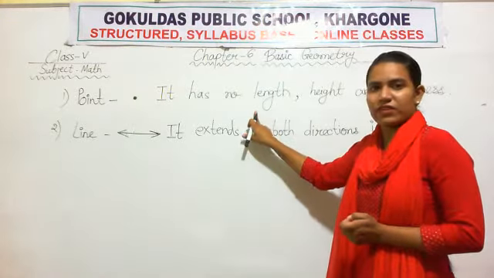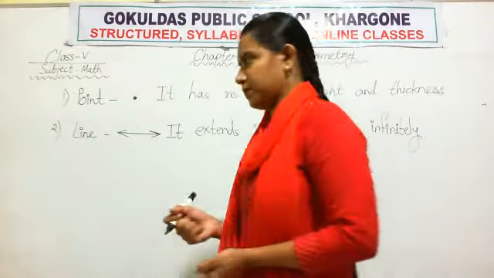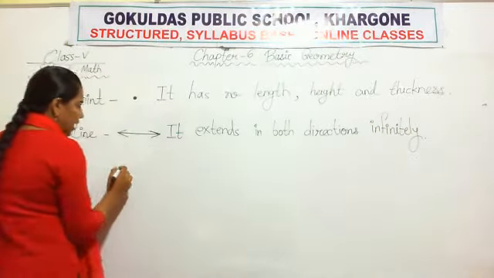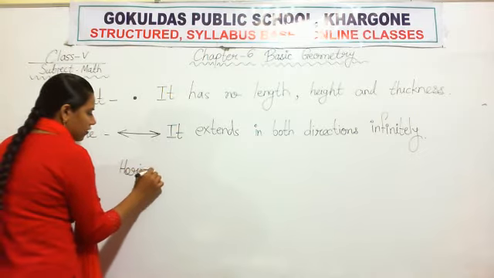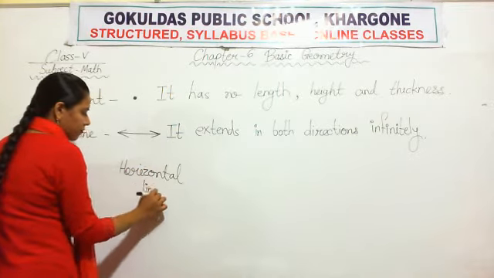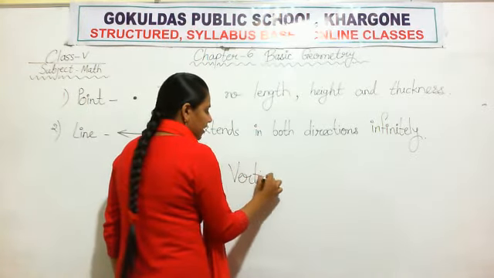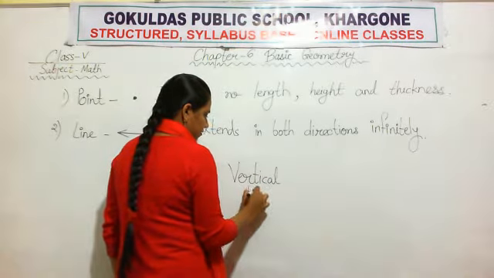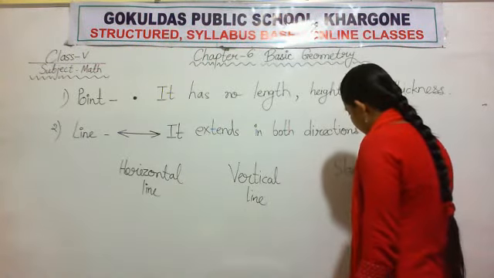Now, point we have discussed, line we have discussed. Now there are three types of line. First type is horizontal line. Next type is vertical line. And third type is slanting line.